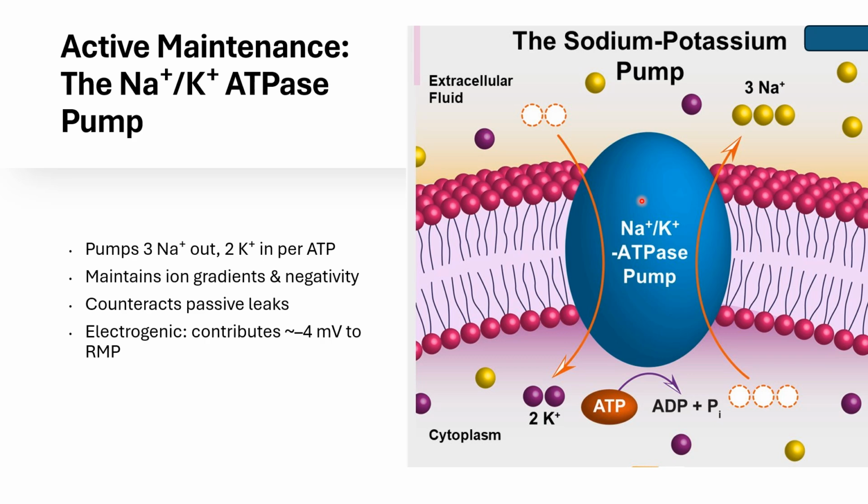Importantly, this pump is electrogenic. That is, it contributes directly to the membrane potential by making the inside slightly more negative, roughly minus 4 millivolts of the total resting value. So while diffusion creates the resting potential, the sodium potassium ATPase sustains it.